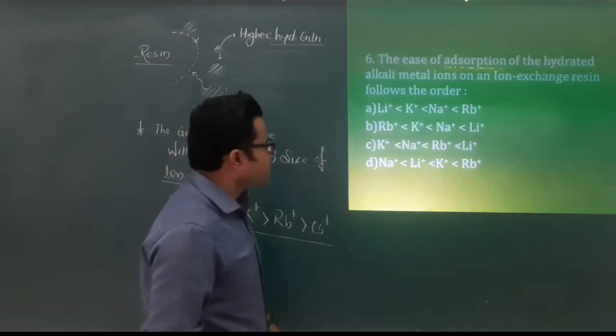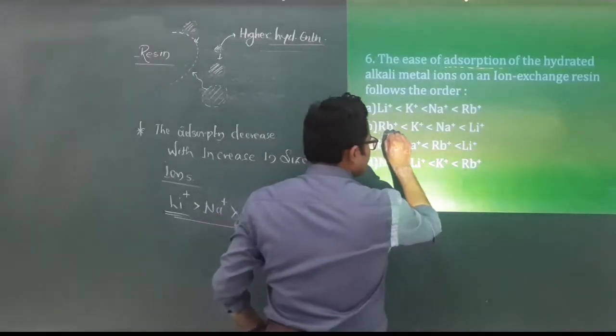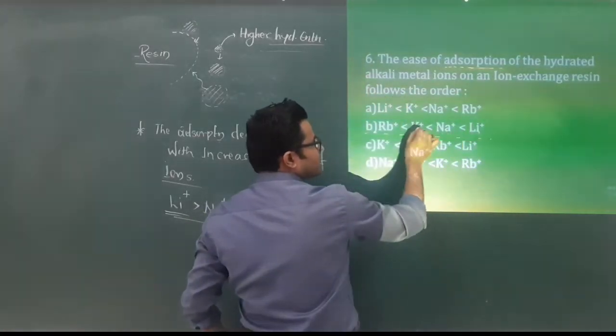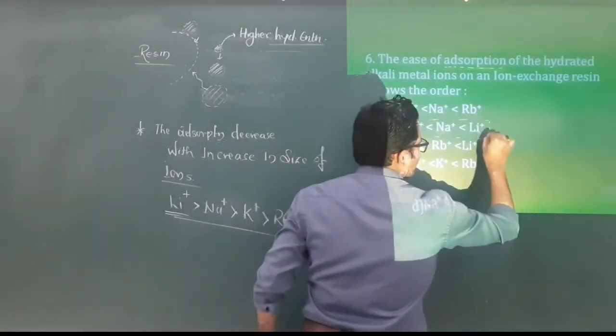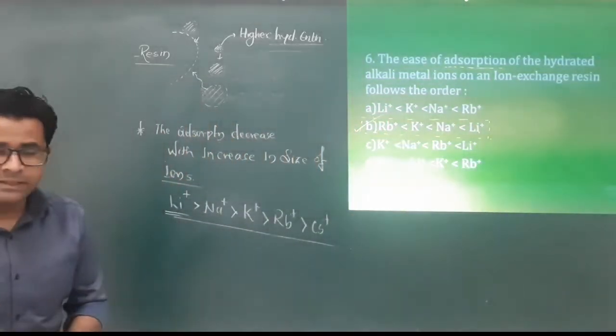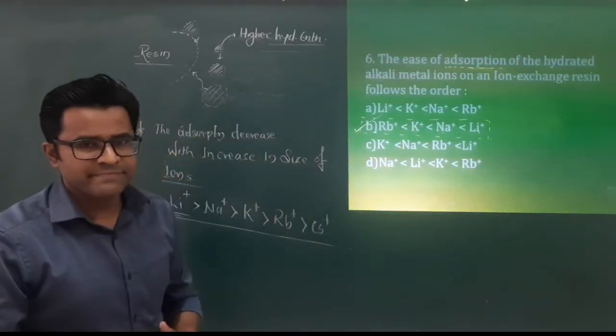Therefore, we have exactly the opposite here. If we see option B, lithium is greater than sodium, sodium is greater than potassium, potassium is greater than rubidium. So we have the answer B in this case. This is for the ease of adsorption.